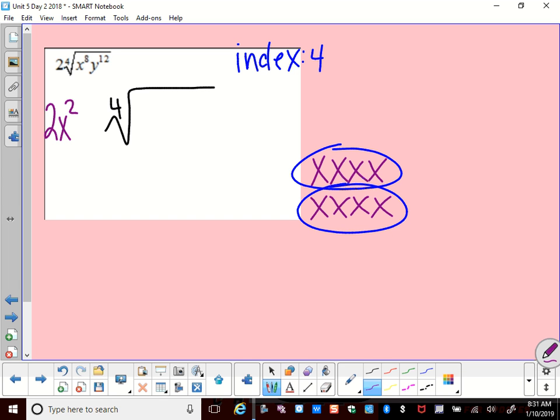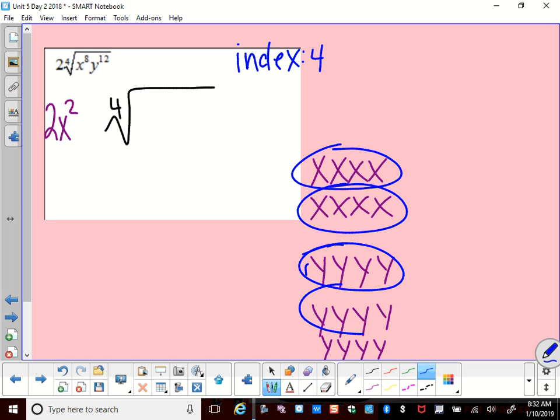I move on to my y's, and I have 12 of them. I need groups of 4, so how many groups do I have? 1 group, 2 groups, 3 groups. So that is y cubed.